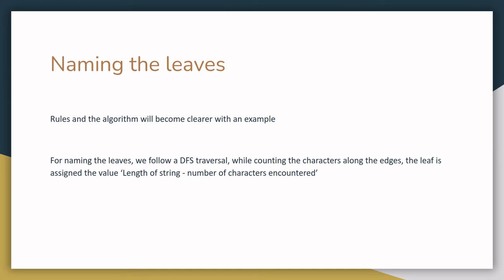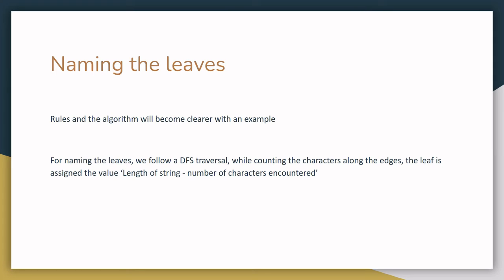But just for simplicity, let's say while moving through the edges, we count the characters on the edges, and the leaf is assigned the value, the total length of the string, minus the number of characters encountered on that particular edge. And we name all the leaves as such using that principle.